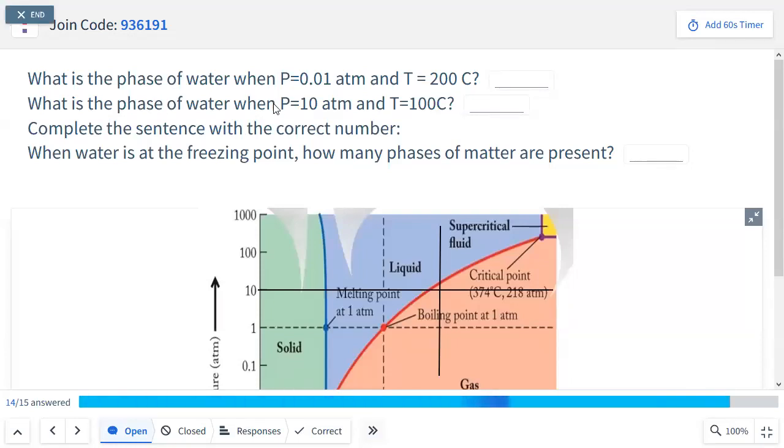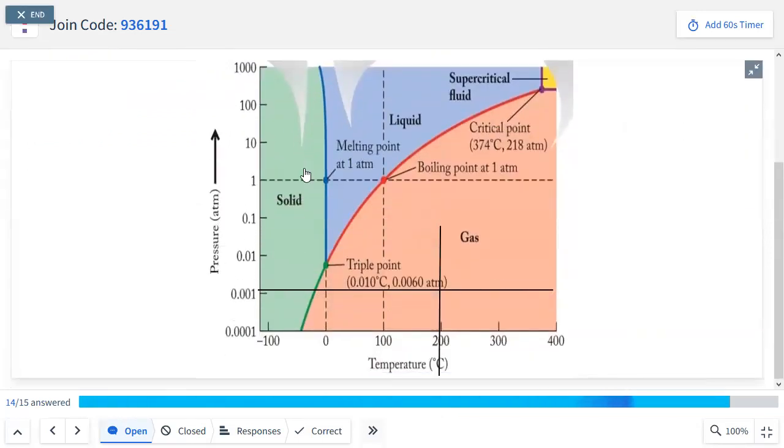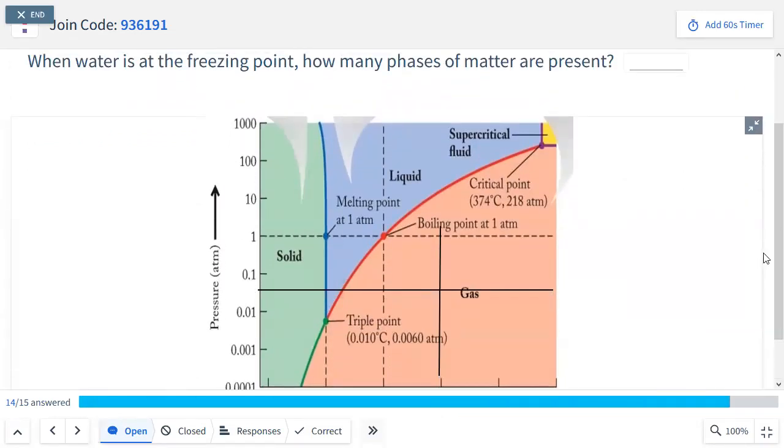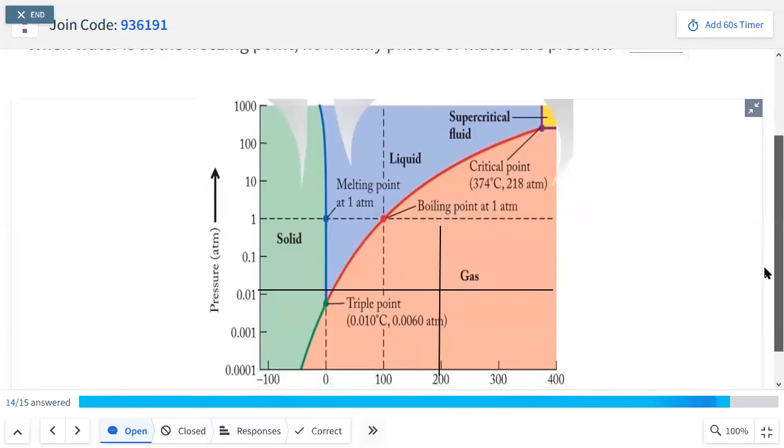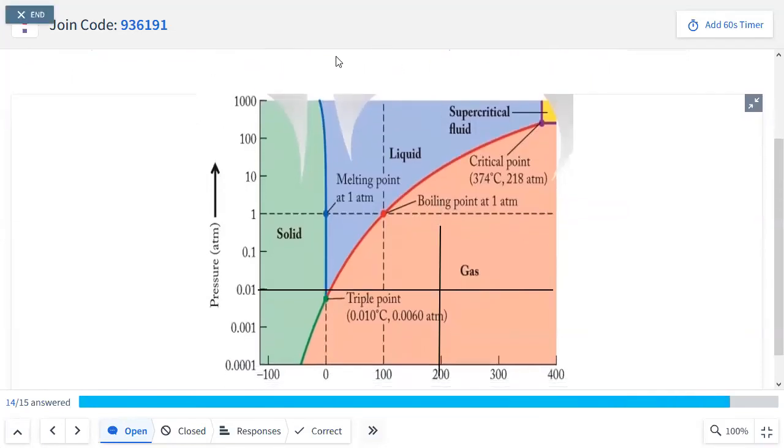Second question was the phase of water at 10 atmospheres and 100. So same thing, 10 atmospheres, 100 Celsius. We're talking about a liquid there.